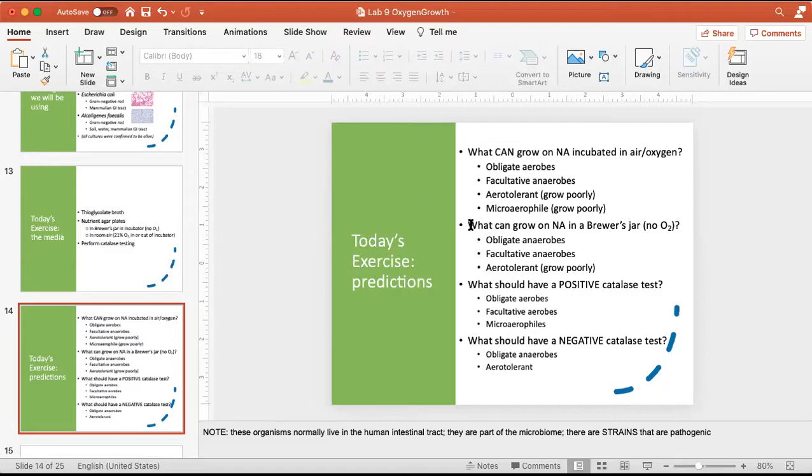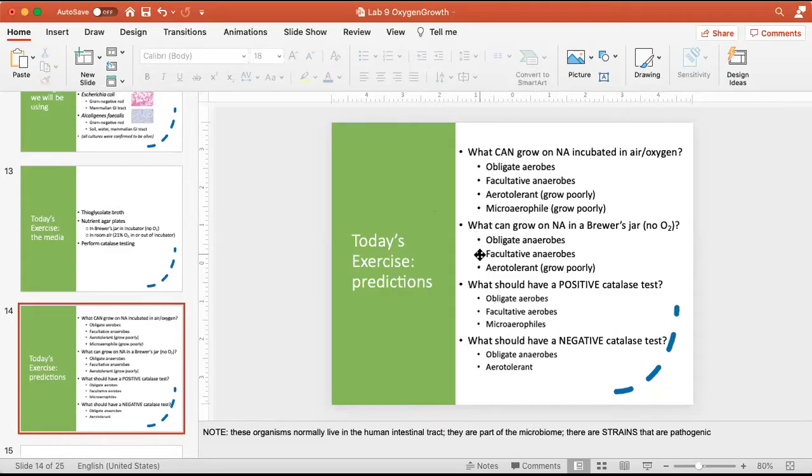Now, let's look at the opposite situation. What will we expect for growth on nutrient agar plates that are placed in a brewer's jar where there's no oxygen? Obviously, the obligate anaerobe is going to grow in here because obligate anaerobes find oxygen toxic. So they're going to grow just fine in an environment with no oxygen in it.